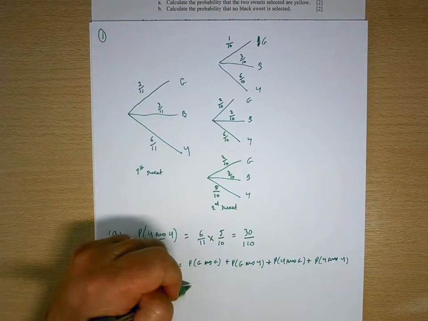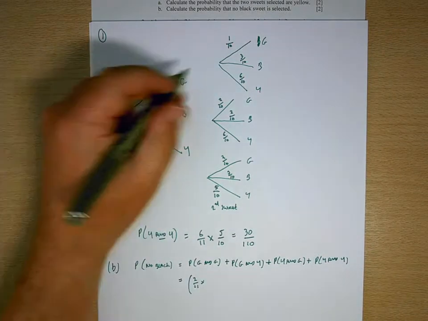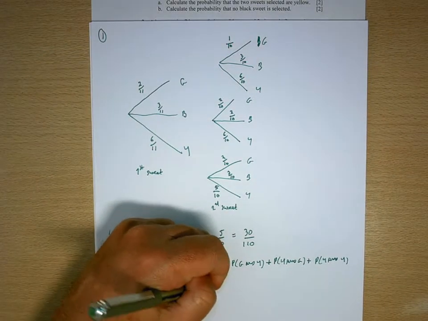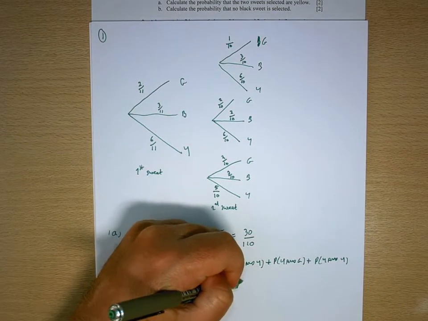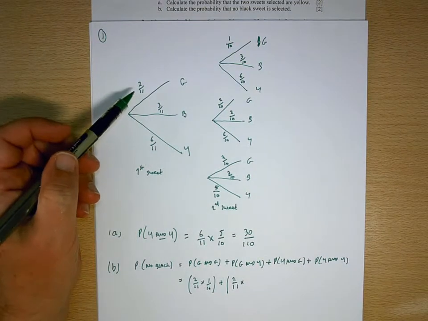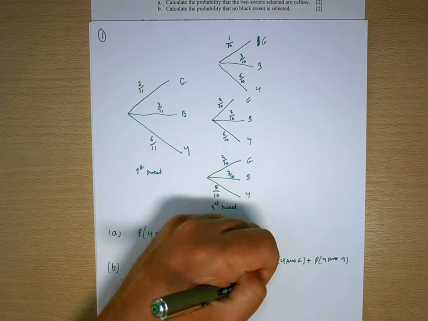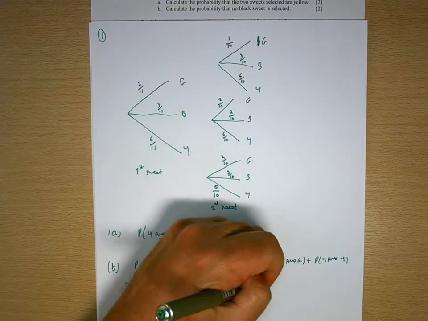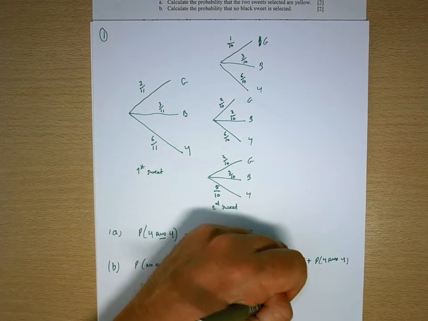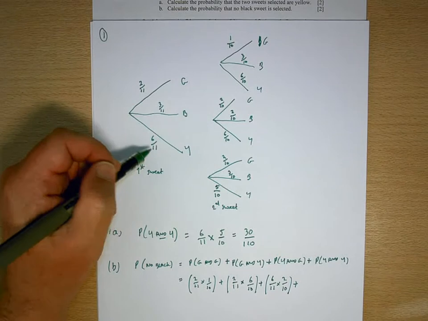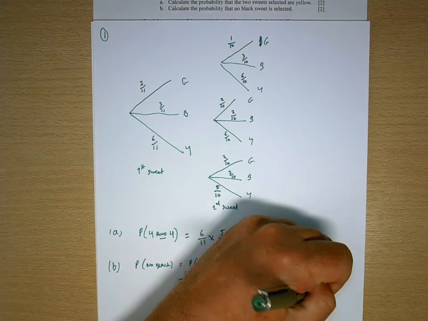So that will work out to be, for green and green, 2 out of 11 times 1 out of 10, or 2 out of 11 times 6 out of 10, or 6 out of 11 times 2 out of 10, or 6 out of 11 times 5 out of 10.